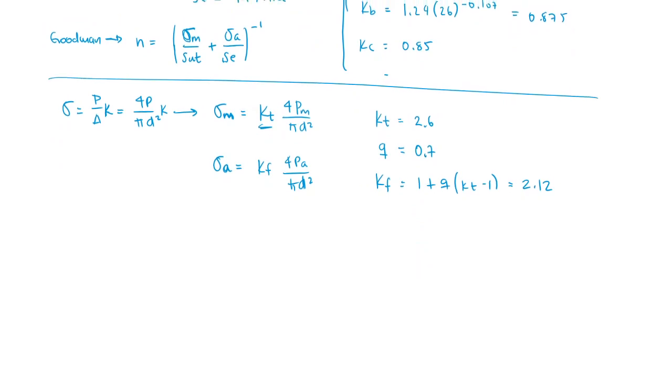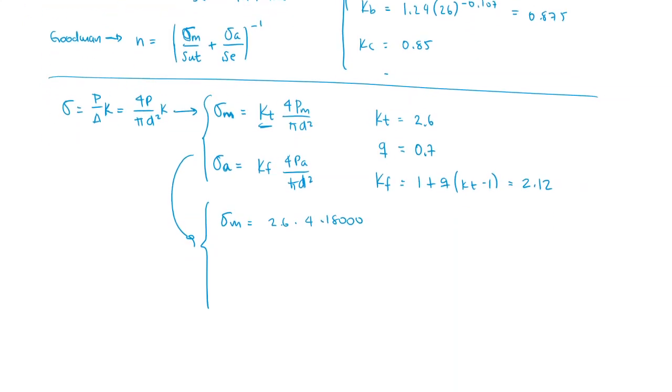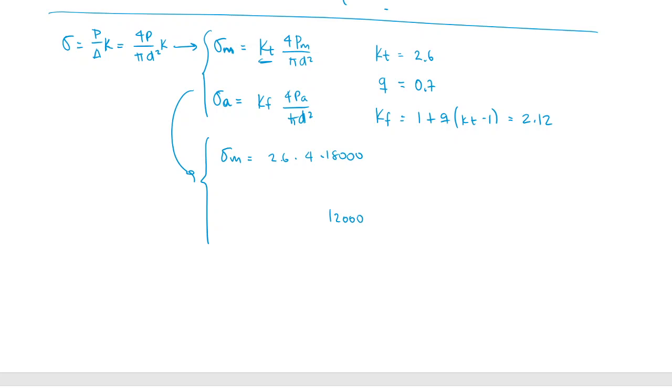I'm going to rewrite this with the numbers. Sigma m would be 2.6 times 4 times 18,000, because that's my normal force here, and the other one is going to be 12,000 for the alternating P. So sigma a is going to be the KF, the 2.12 that I just calculated, times 4 times 12,000, divided by pi, with the diameter again being 26, so 0.026 meters squared.